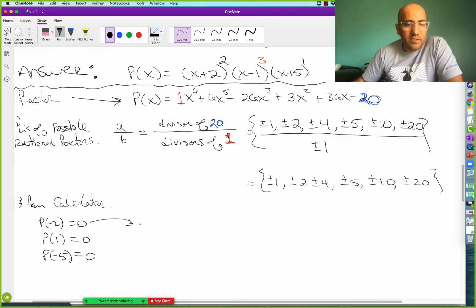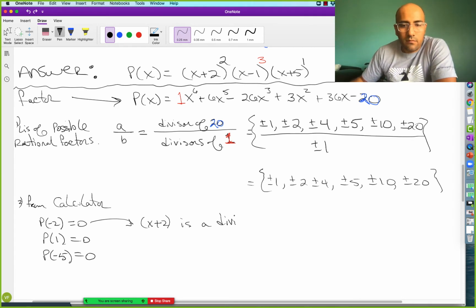From here, this must mean that x plus 2 is a divisor of P of x, right? Of x to the 6th plus 6x to the 5th minus 26x to the 3rd plus 3x to the 2nd plus 36x minus 20.